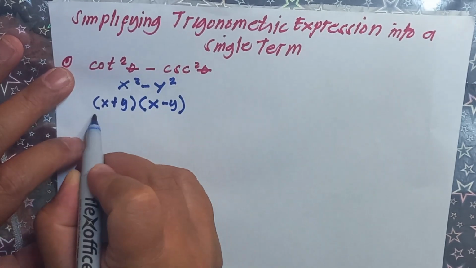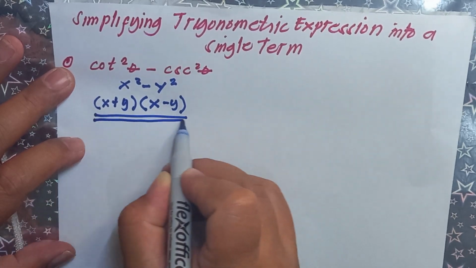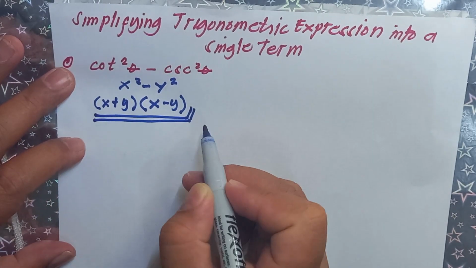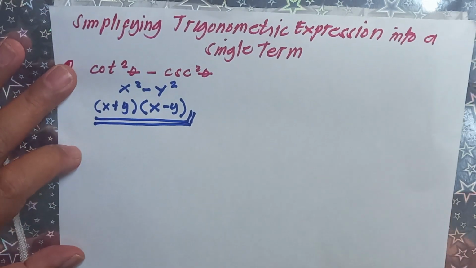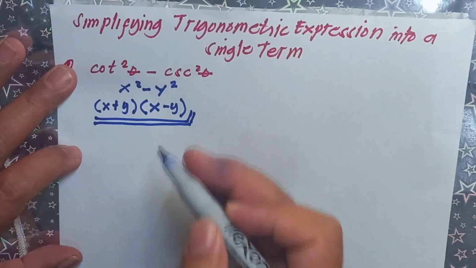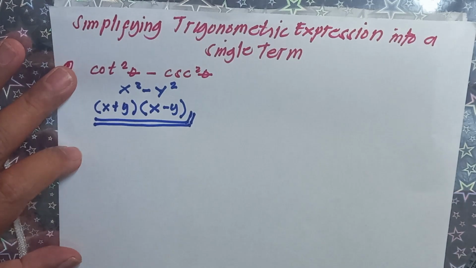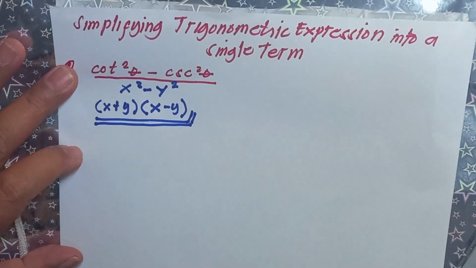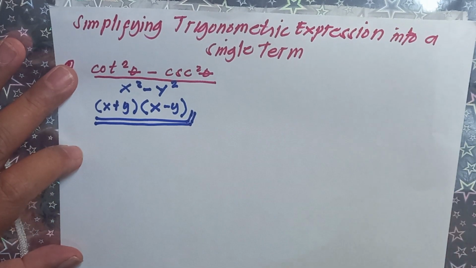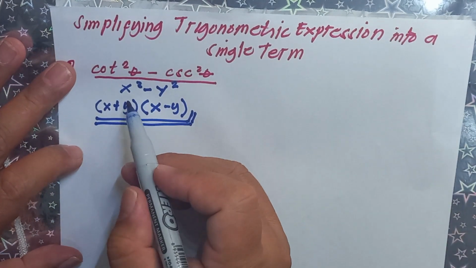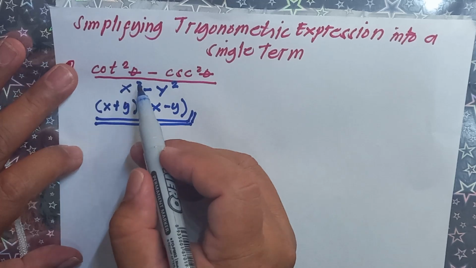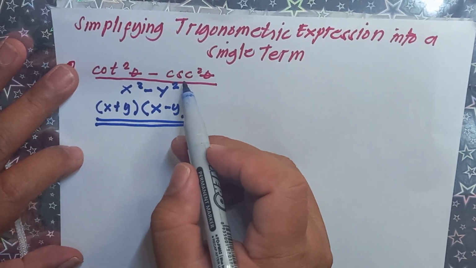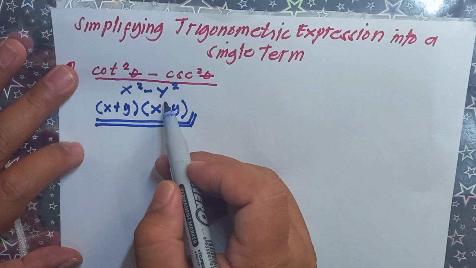These are ideas or concepts from algebra which can be applied in our trigonometric expression. How is that? Our cotangent squared theta is the same as our x, and cosecant squared theta is the same as our y.